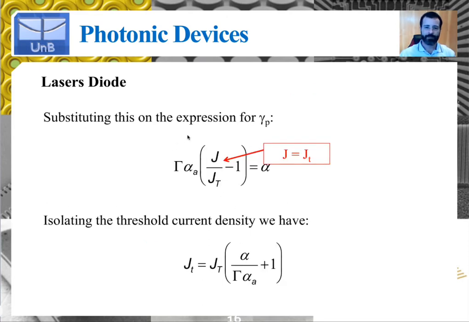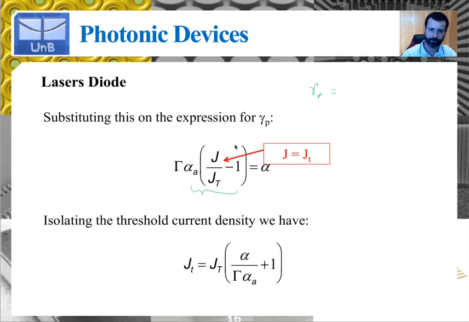And if we substitute the peak gain coefficient, lowercase gamma p, in the previous equation, we have this, right? Remember that we discussed at the end of our previous lecture, I believe, that there's a linear relationship between gamma p and the current, or the current density, or the excess carrier concentration.